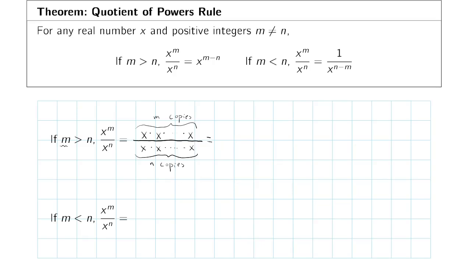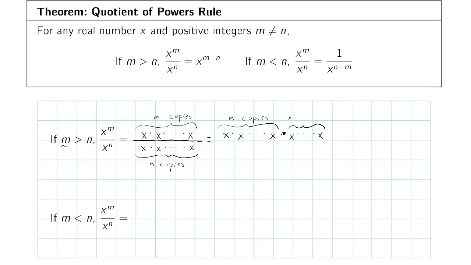And when we have fractions, of course, we can cancel like factors in the numerator and the denominator. So now, because there are more x's in the numerator, I'm going to split that up. So I'll have n copies of my number x, and then some more copies to get the total up to m. How many more copies do I need?